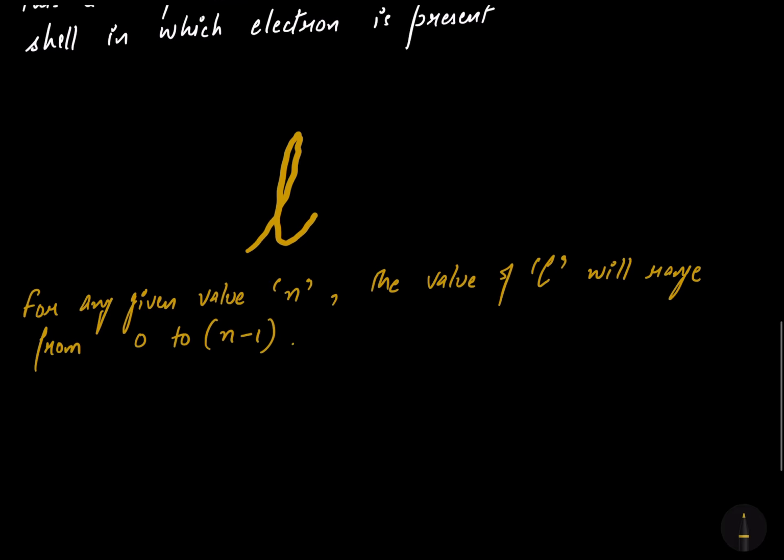Let me write this. For example, if you are having n to be 4, the values of l will range from 0 to n minus 1, that is 0, 1, 2 and 3. So that's it.